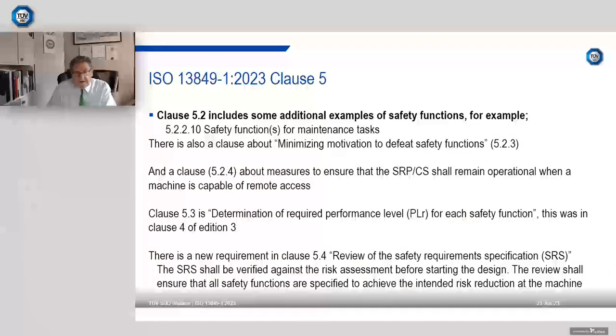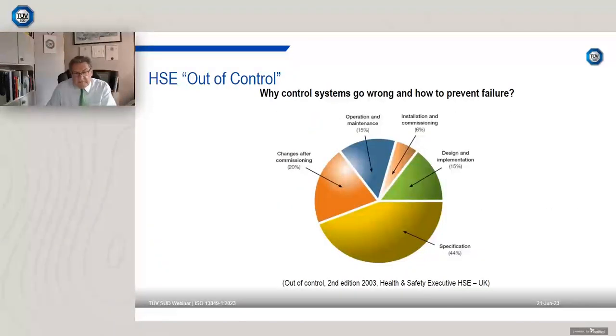My personal view is that's a very, very significant improvement, because we know from a study carried out by the UK HSE quite a long time ago now, that the recommendation from this study had a huge impact on what finished up in the generic functional safety standards.